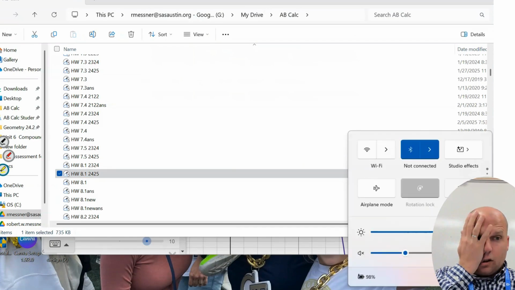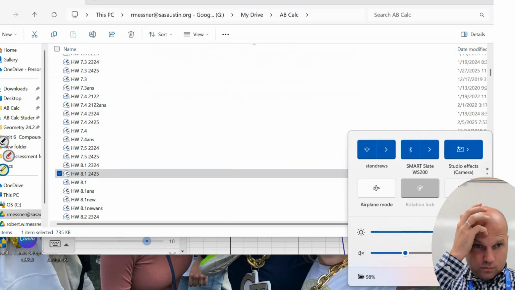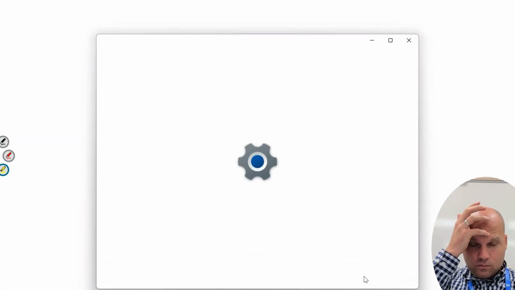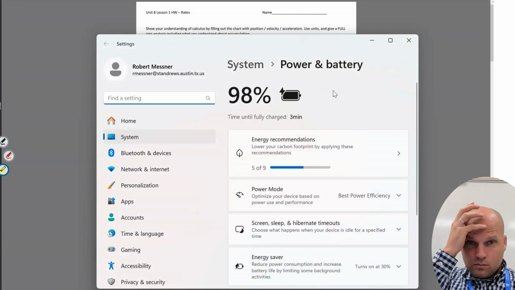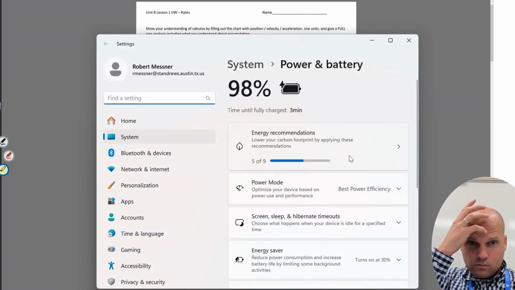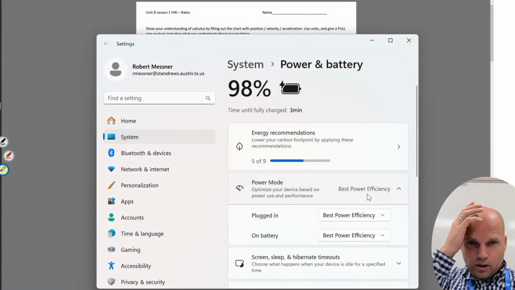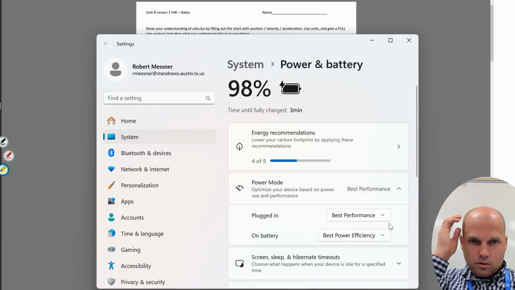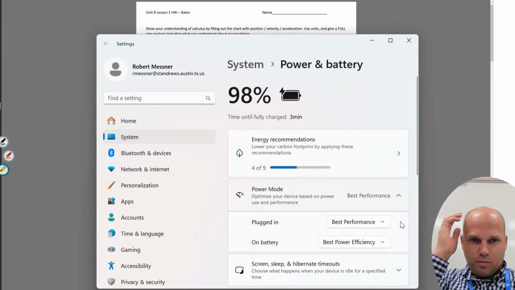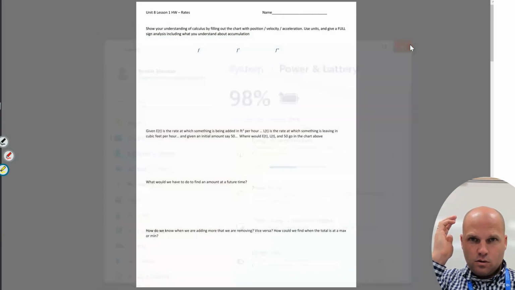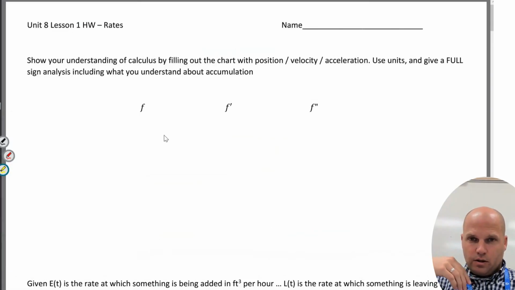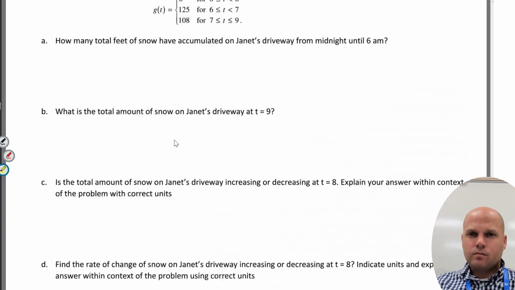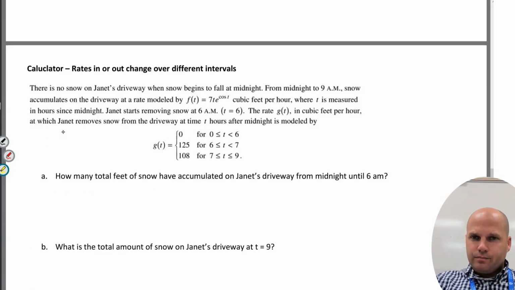I need to restart. That's what I want to do. I don't want that. I want best performance. Please give me my best performance. Maybe that'll help.